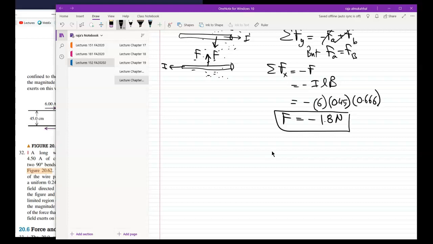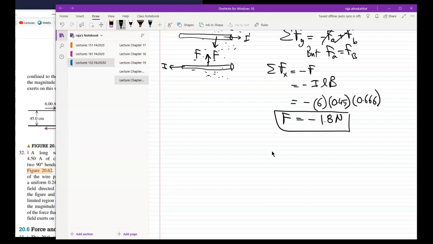One more. Trying to find another. Oh yeah, I know which one. This is not homework, but it's from the end of the chapter, number 83. I like this problem, 83. Should have assigned it as homework.